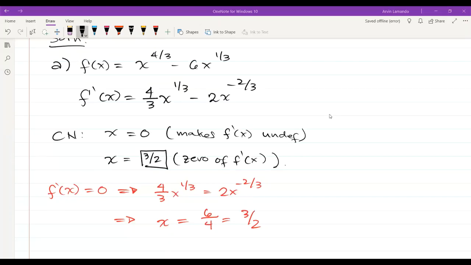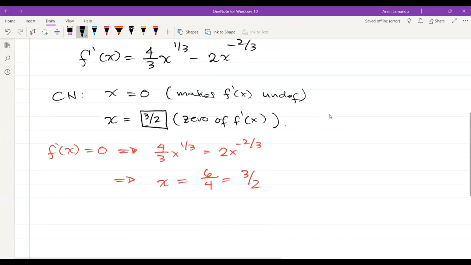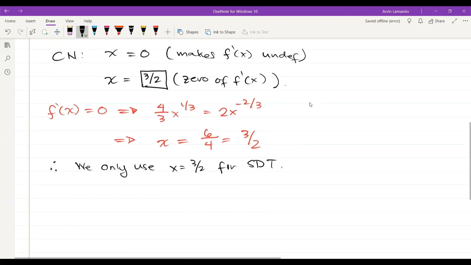So that means that the only critical number we can use is x equals 3/2. Therefore, we can only use x equals 3/2 for the SDT, the second derivative test.